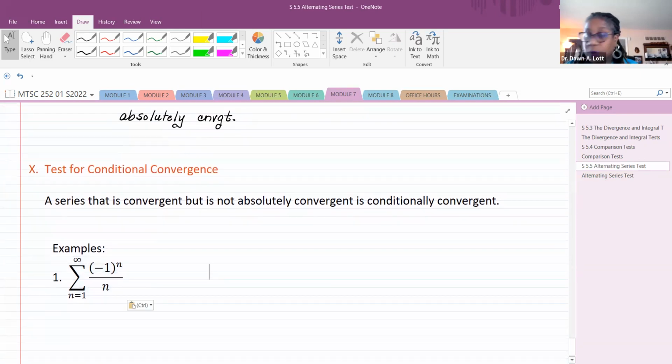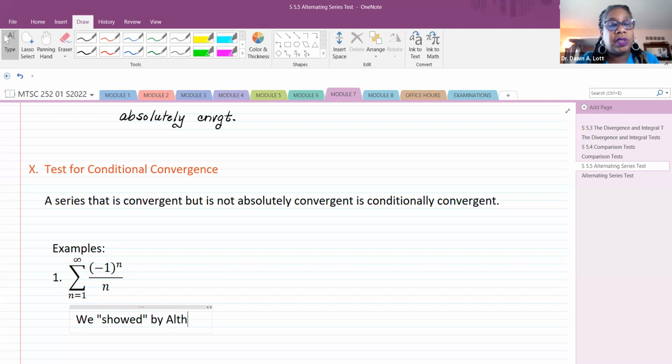The first thing is we showed, I should put in parentheses because we didn't actually show it, I said you can show it by the alternating series test, that this series converges.